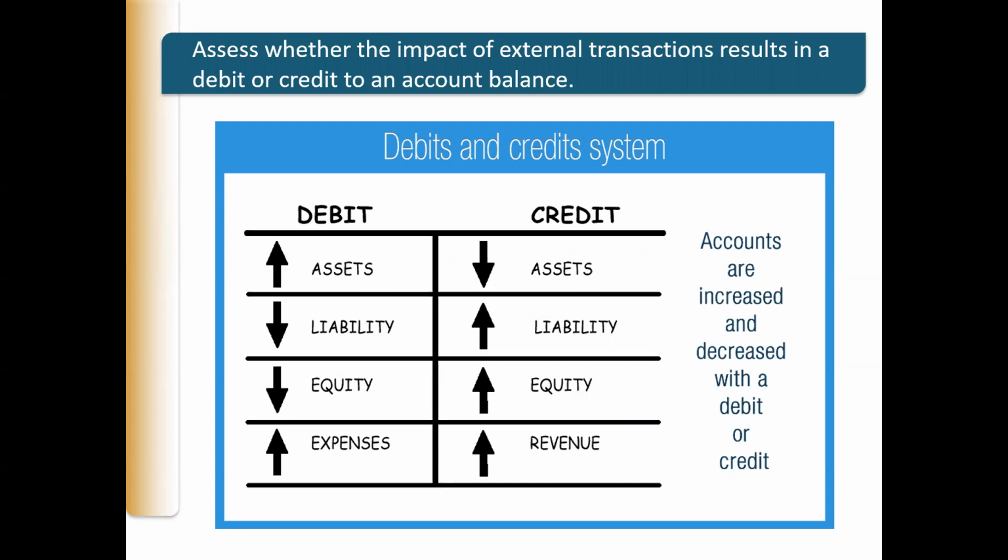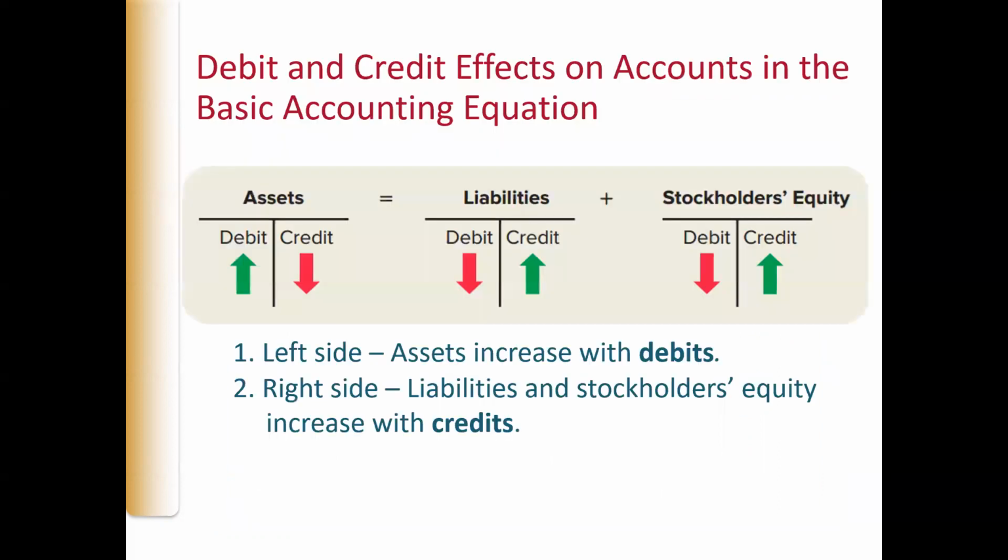Credit means it's on the right side. That's it. Debit is left, credit is right. But certain accounts increase with debits, certain accounts increase with credits, and certain accounts decrease with debits, certain accounts decrease with credits.